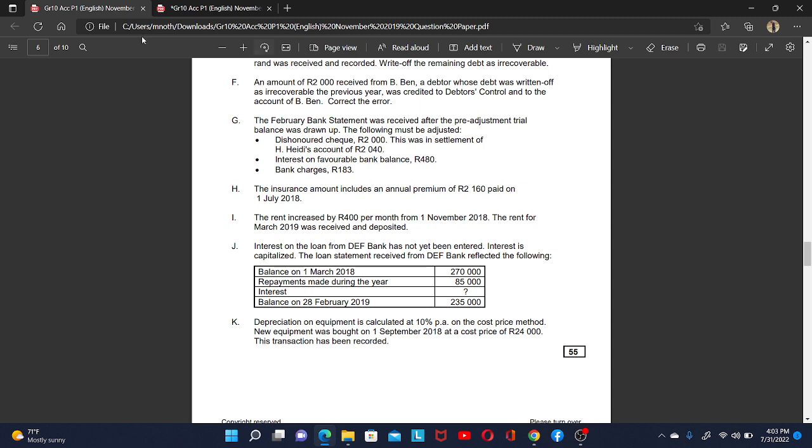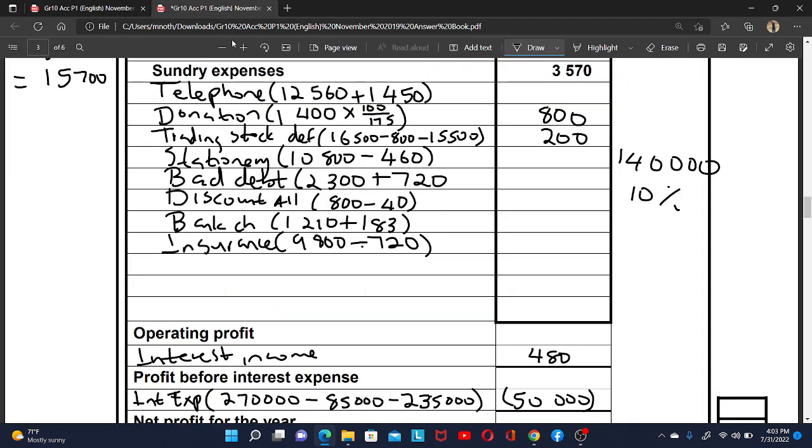So we are going to say 140 minus 24,000 to check how much equipment did we have at the beginning of the year. So it's how much? It's 115.